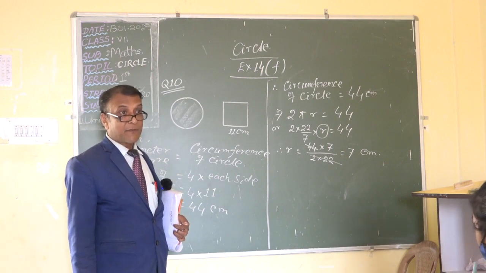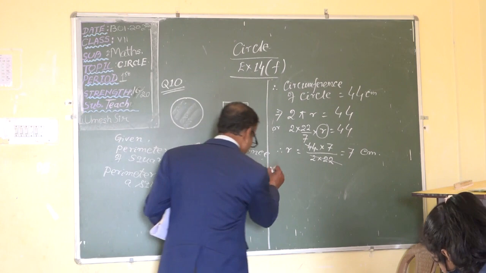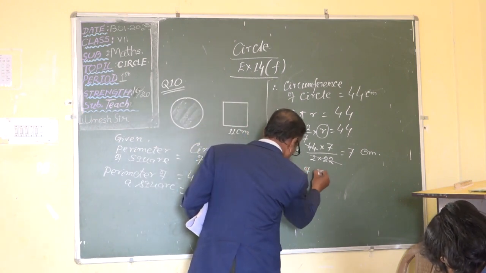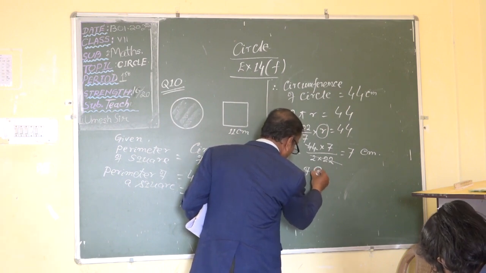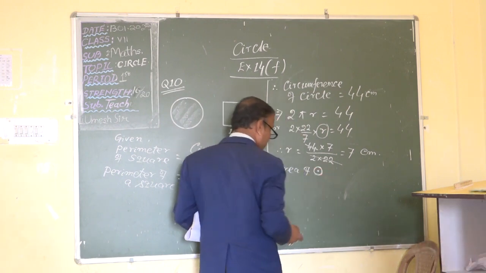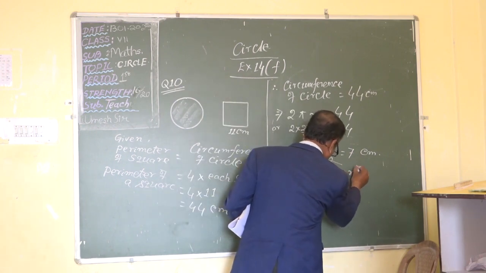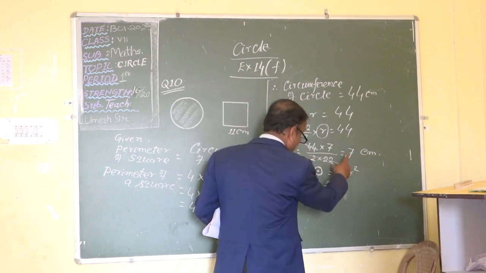But it is asked to find the area. So therefore, area of circle is equal to pi r square, that is equal to pi, 22 by 7, into r square.